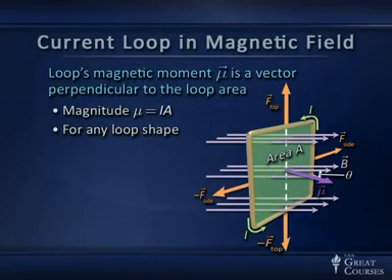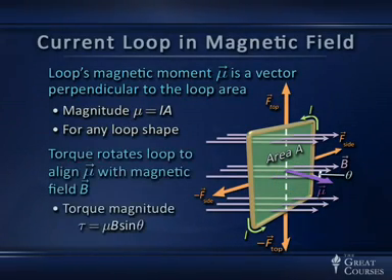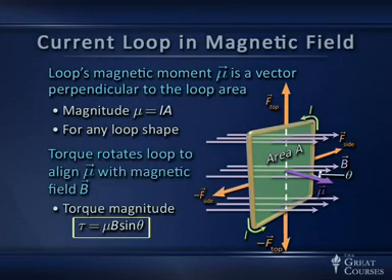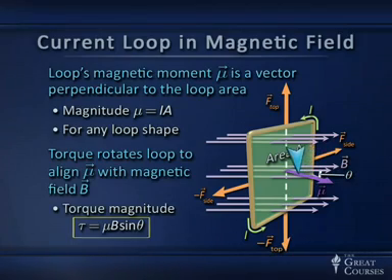And there's a torque on the loop, and the torque rotates the loop into alignment with the field, and the torque is the magnetic moment, which depends on the current and the area, times the magnetic field strength, and then this factor sine theta, where theta is the angle shown in the picture that determines whether the system is out of or in alignment with the field. And when it lines up completely, so the magnetic moment is aligned with the field, then there's no more torque, and then the loop sits in its position from then on.